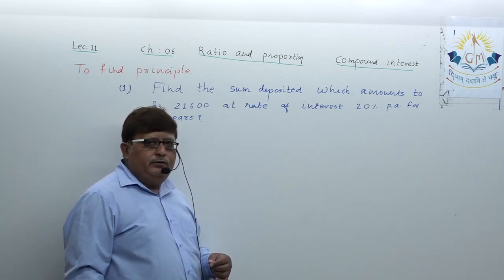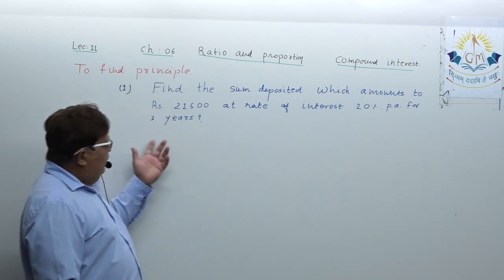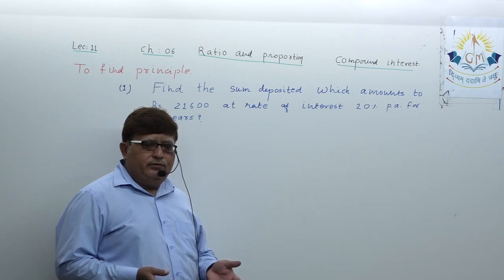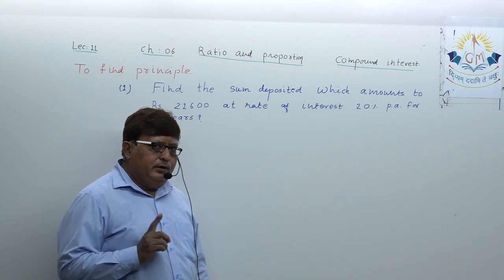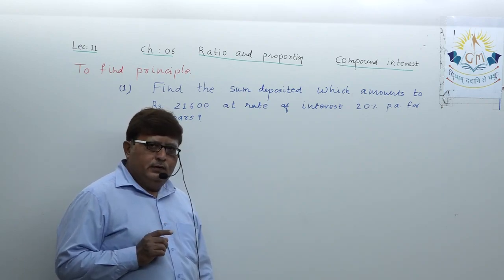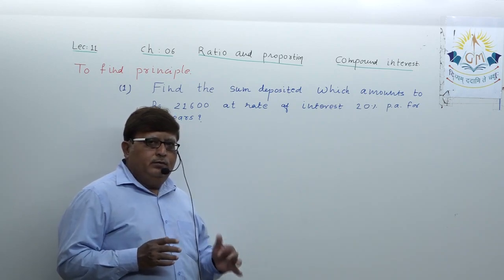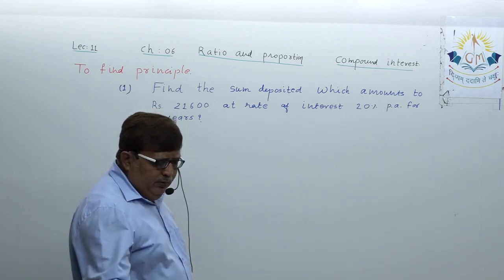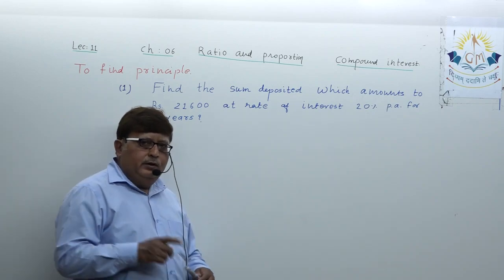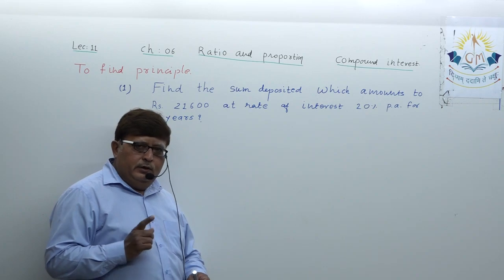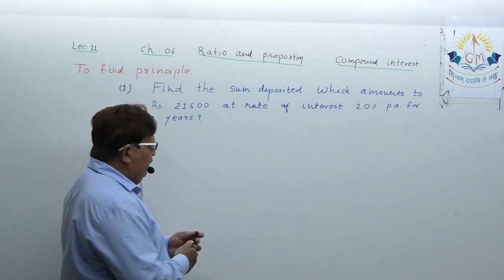Rate of interest 20%, number of period 3 years because the interest is compounded annually. Here, dear student, one particular method we have to apply, and for that you need to be very concentrating how we are solving this example.